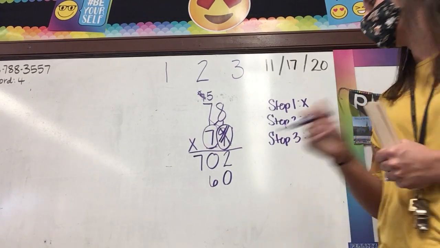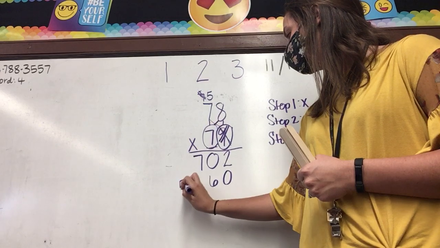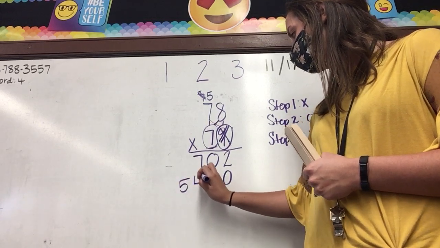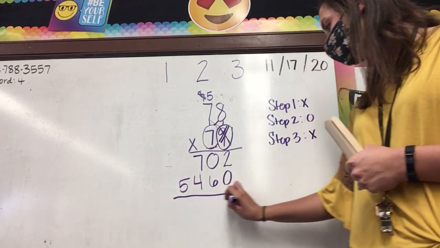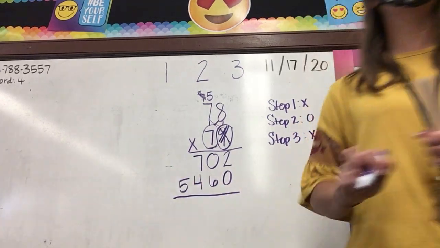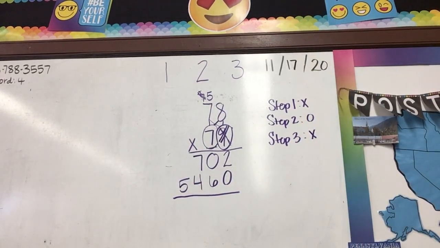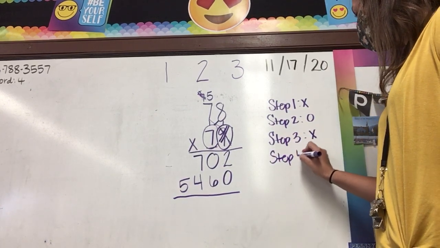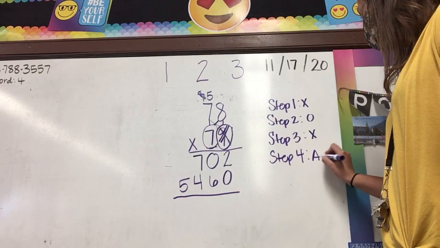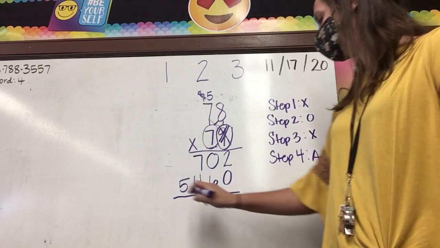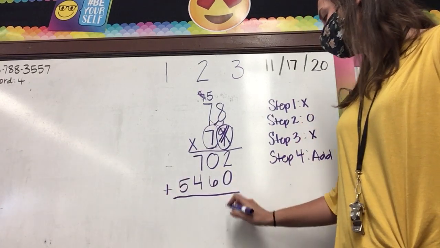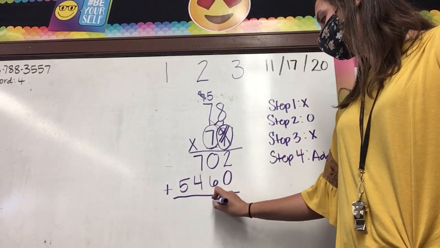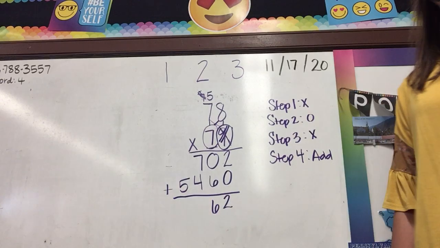Max? 54. It took me a while to figure that out. That's okay. Count on those fingers if you have to. Step 4. Colin? We're going to add. I'll let you read it, okay?